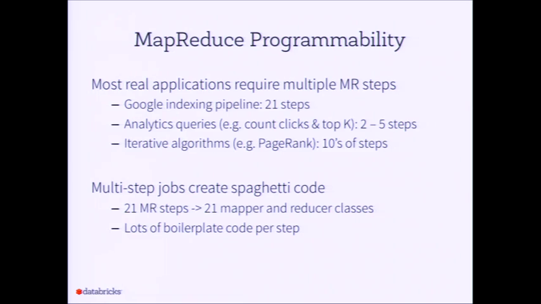For example, a single SQL query like a group by, you're probably breaking down into 2 or 3 MapReduces. A Google indexing pipeline that indexes the web was 21 MapReduce steps. And iterative machine learning algorithms also get compiled down to many, many different MapReduce steps.